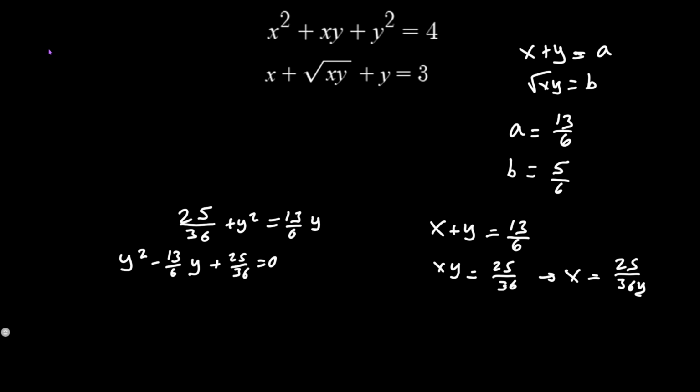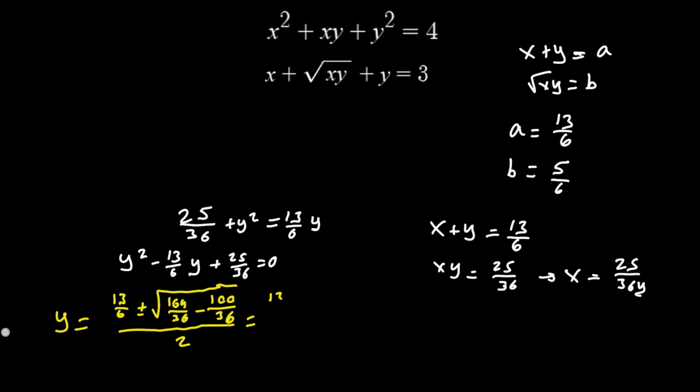Okay? So here we're just going to go ahead and use the quadratic formula because we love it so much. So we'll have y is equal to 13 over 6 plus or minus the square root of 13 squared, which is 169 over 36, minus 100 over 36, and it is all over 2.